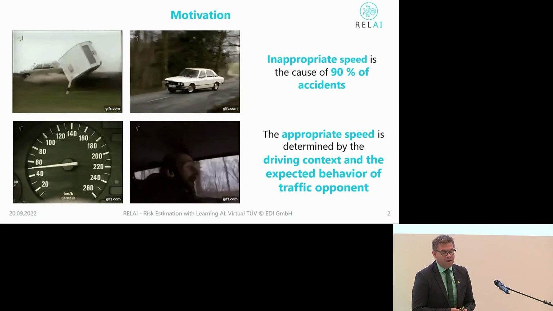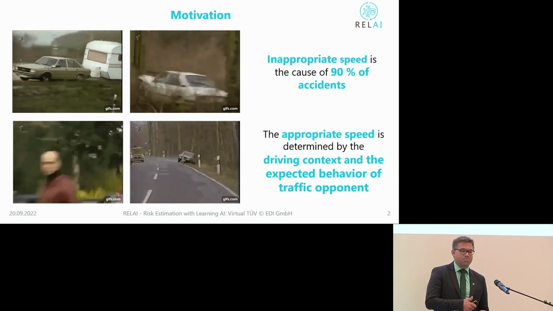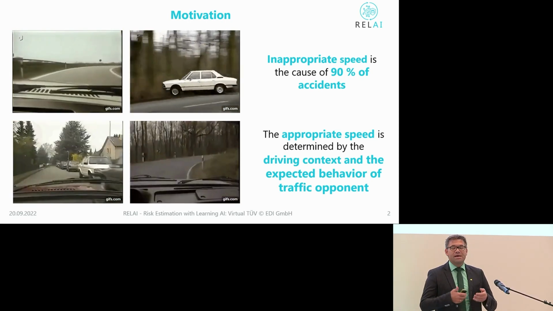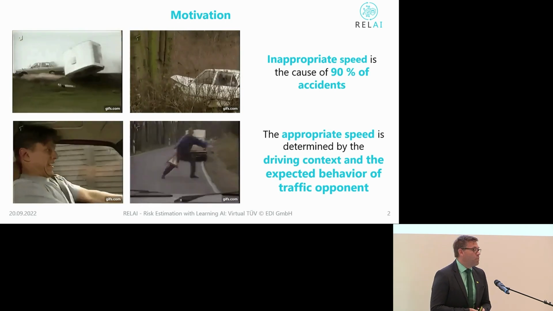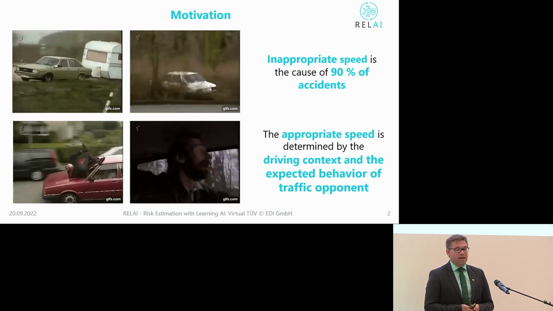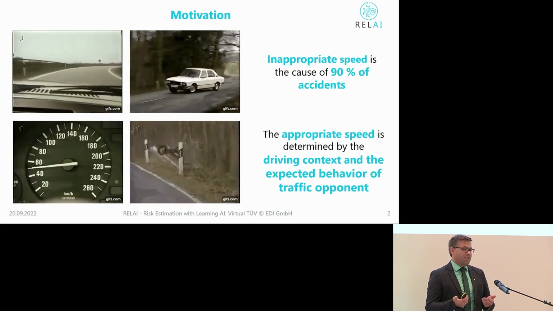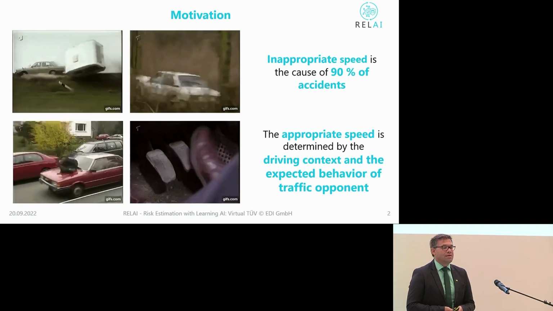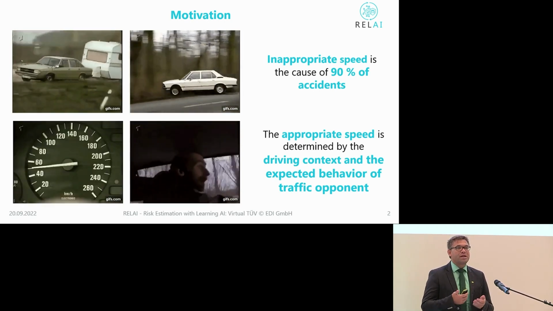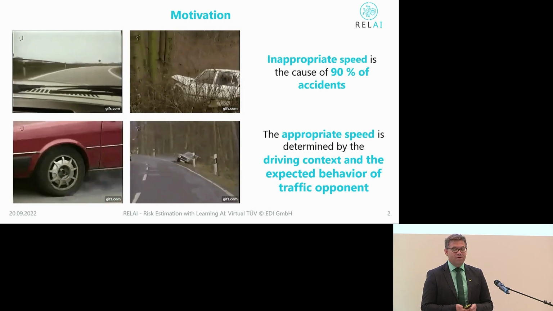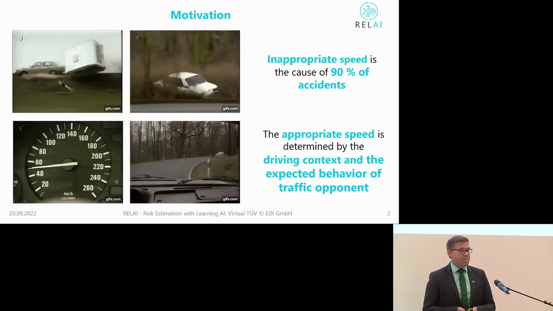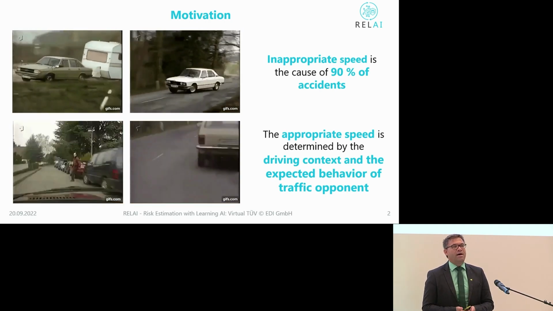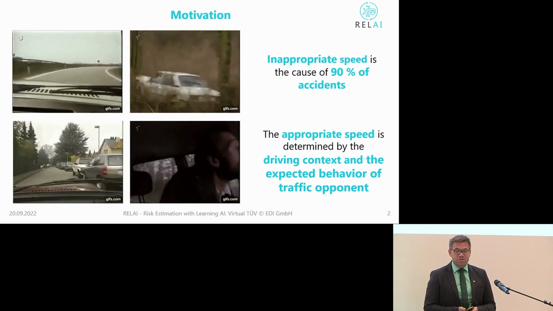But on the bottom left side, you can see that the behavior of the opponent, in this case the pedestrian, was not what we expect. And also today we already hear that this kind of expectation really influences our driving behavior, and if such things happen which we do not expect, an accident is quite possible.